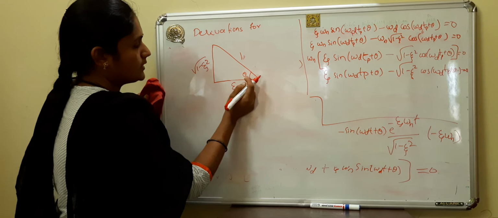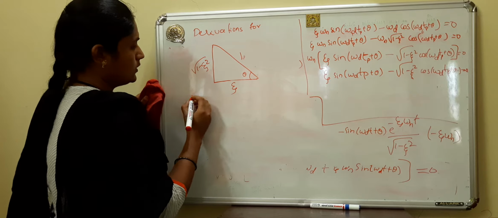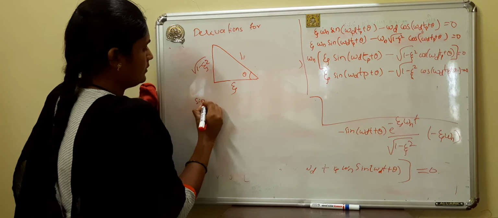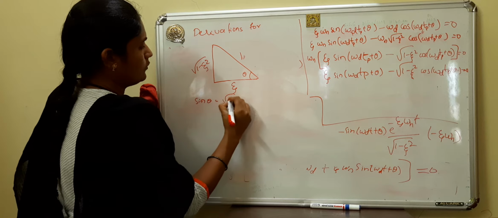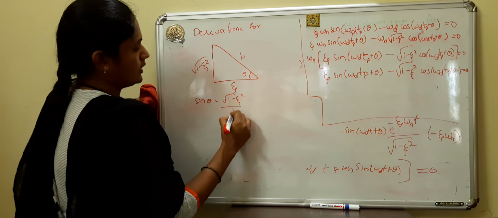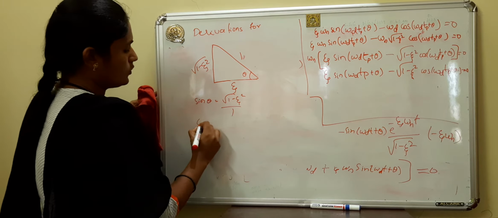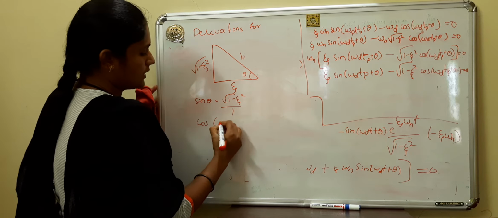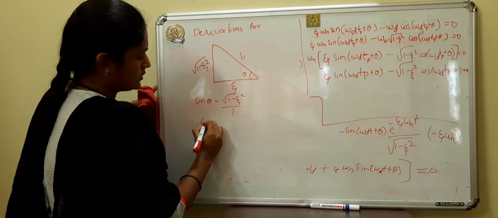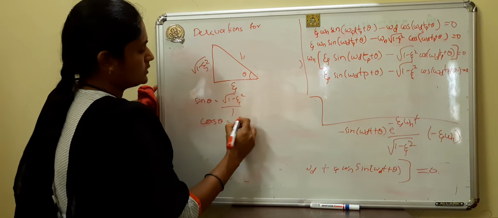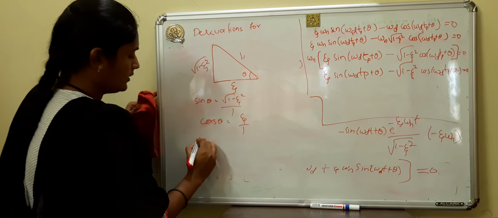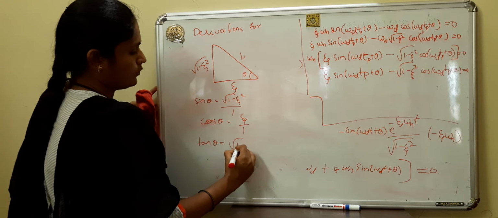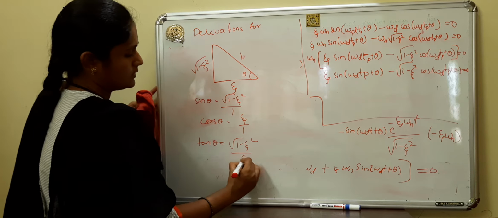Sin theta is opposite by hypotenuse, so sin theta will be square root of 1 minus zeta square divided by 1. Cos theta is adjacent by hypotenuse, so cos theta will be zeta by 1, and tan theta will be square root of 1 minus zeta square divided by zeta.